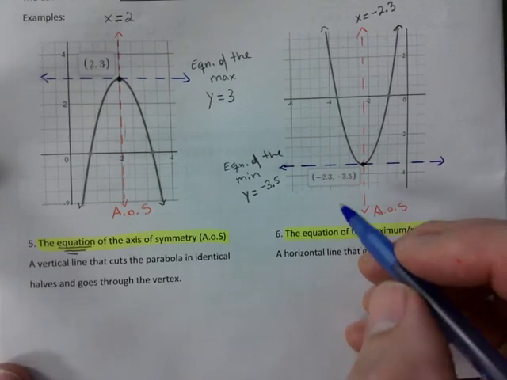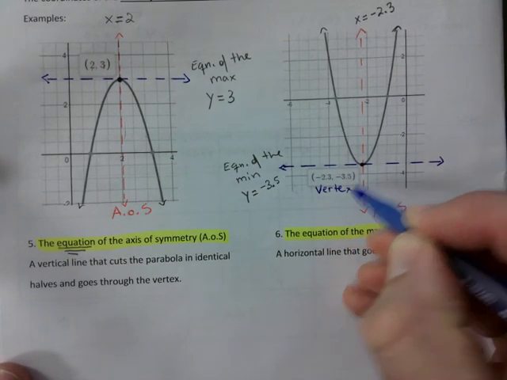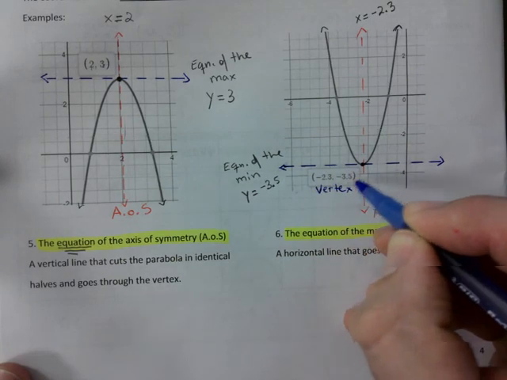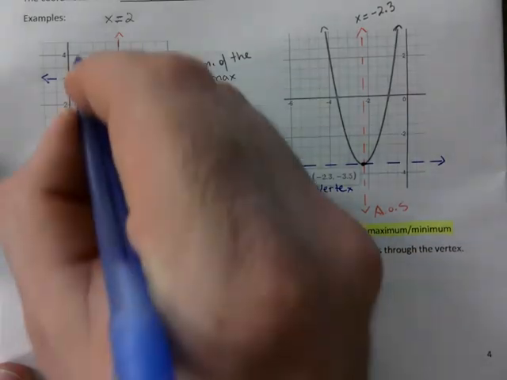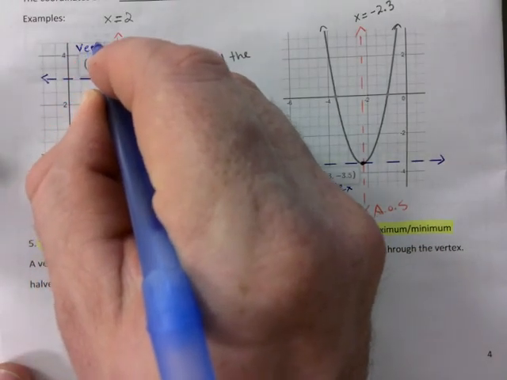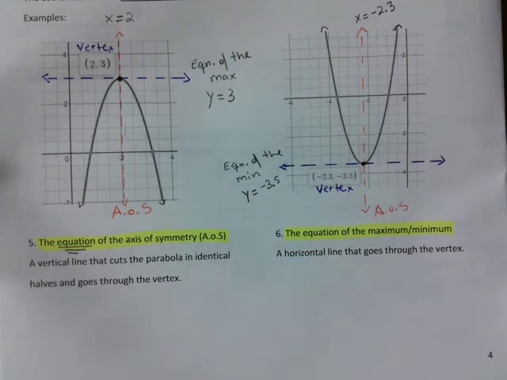Can we write also that this is the vertex here? Like this is actually the coordinate of the vertex of this particular graph. And then we go up here and also add vertex, because that's very important for you to be able to just go to the graph and read it, and you have all of those pieces there.